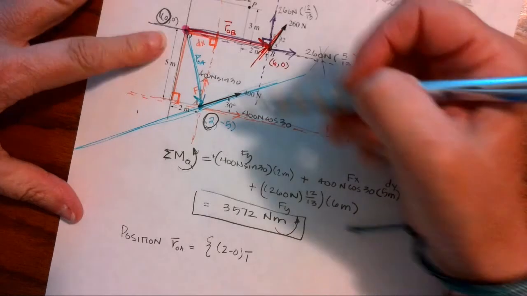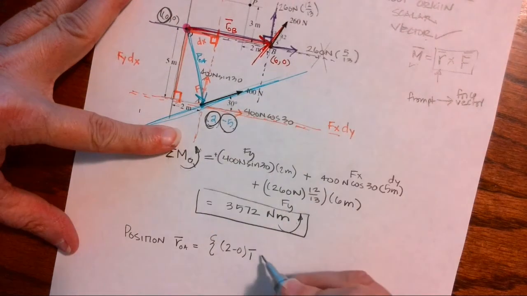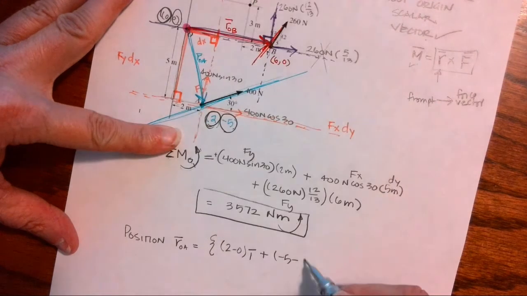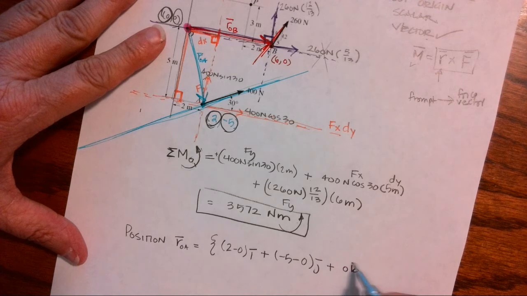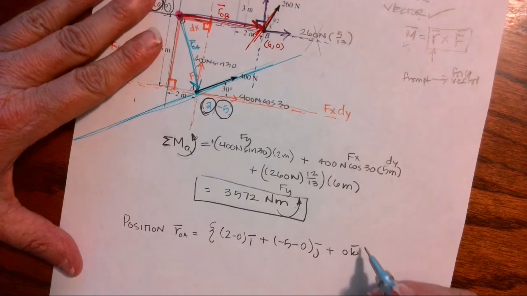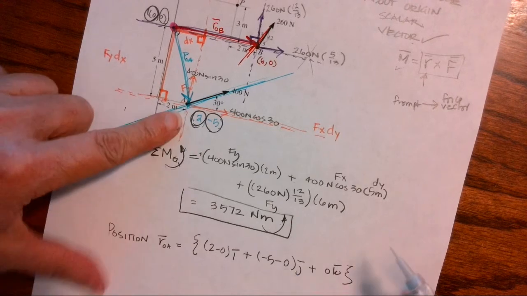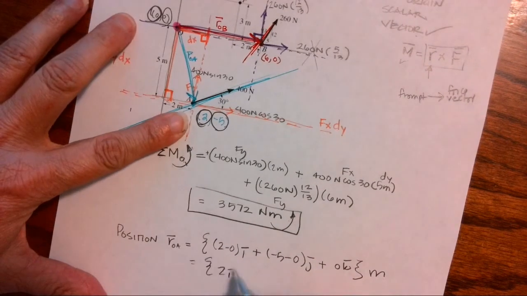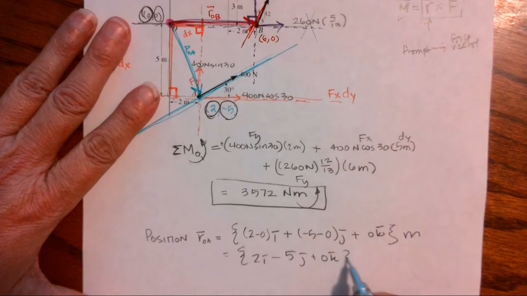Now we're going to go to the y. We have -5 minus 0 j plus 0k. We don't have anything right now in the third dimension. Because we are looking at the position vector, our units are meters. So we can say 2i minus 5j plus 0k in meters.